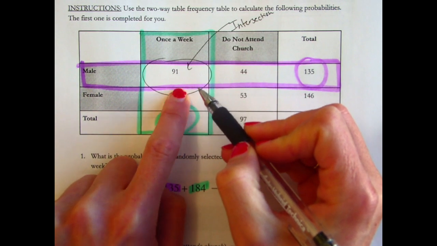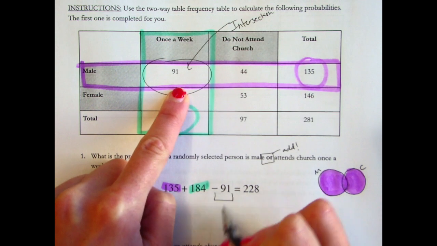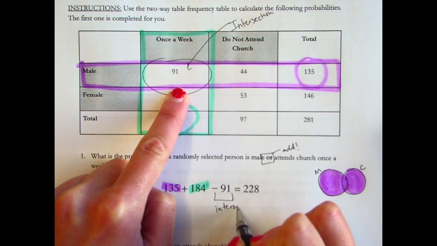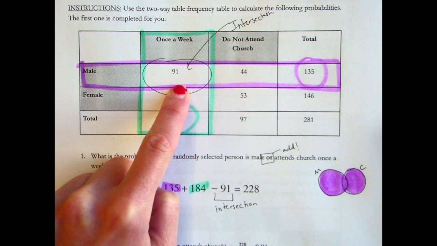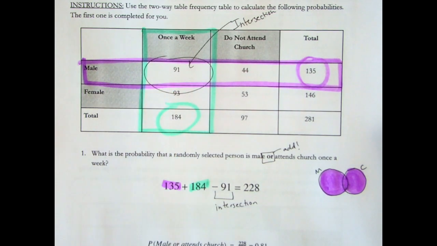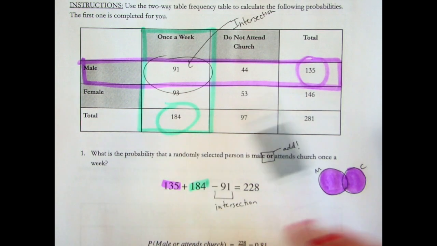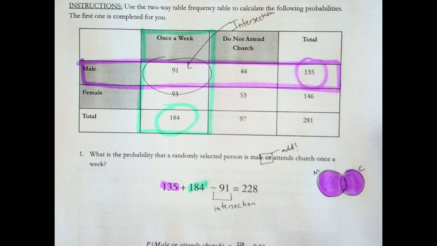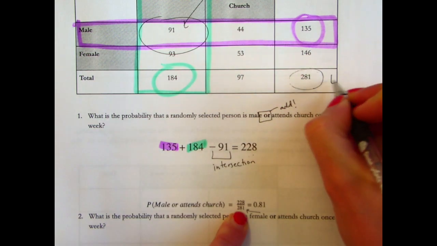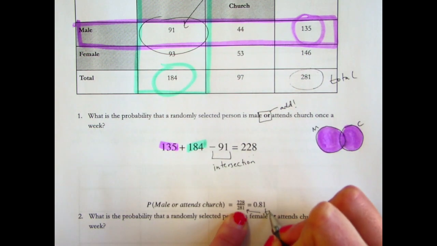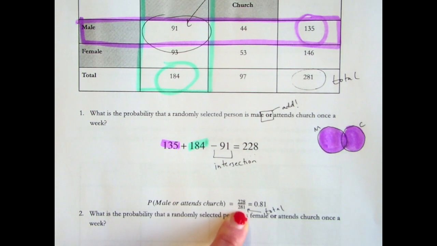So you always have to subtract the intersection when you're adding up probabilities because you don't want to count that 91 two times. Adding these two and subtracting the 91, I get 228, and to get the probability, I put it over the total of everyone in the table, the overall total, which is 281.